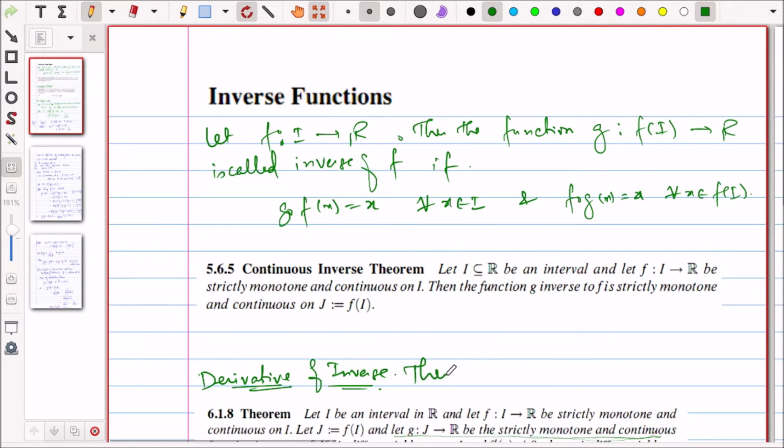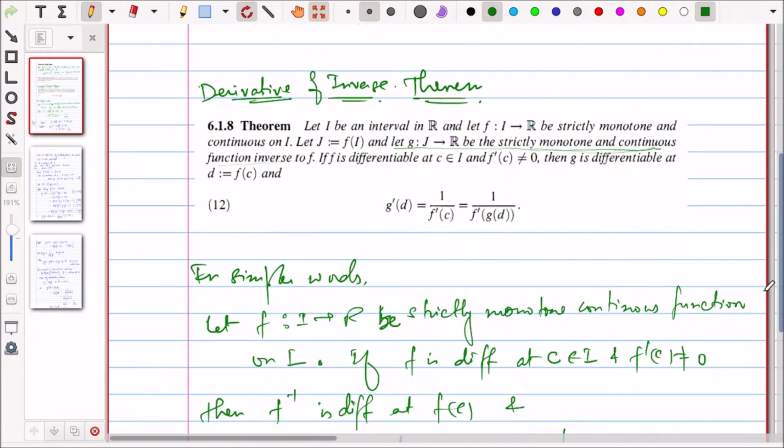We give it a name so that we can recall it anytime. So the derivative of inverse theorem says that if f is differentiable at c and f dash c is non-zero, then our function g is differentiable at d, and g dash d is given by 1 by f dash c. It is important to note that we take the function f to be strictly monotone and continuous on I.